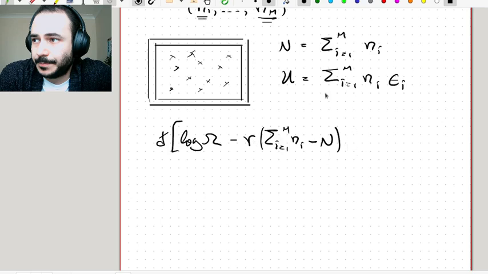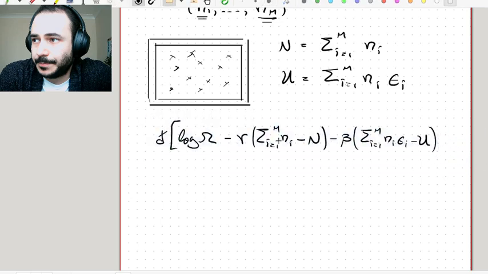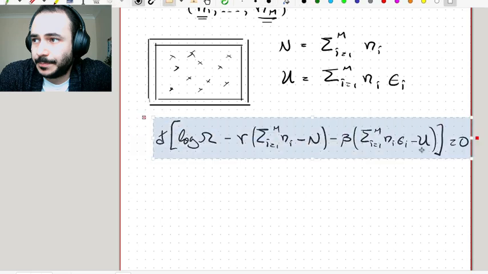Then you also have the constraint on the energy, and here you introduce a second Lagrange multiplier, which tells you that the internal energy has to be a given value U and has to remain constant. And this whole thing equals 0. That's what you do when you apply the Lagrange method.